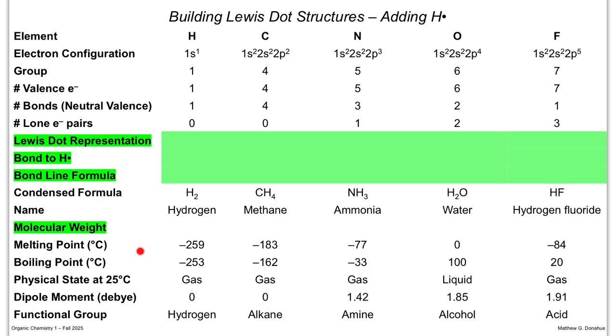So negative 273 to negative 259, hydrogen's a solid. Then from negative 259 to negative 253, it's the liquid. So there are certain ranges in which those solids and liquids exist. At room temp 25, it's a gas. There's no dipole moment because there's no change in electronegativity values.